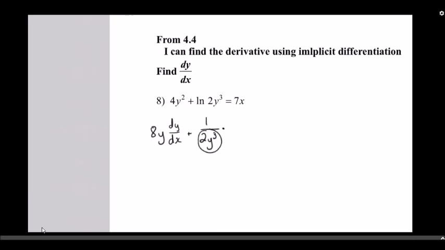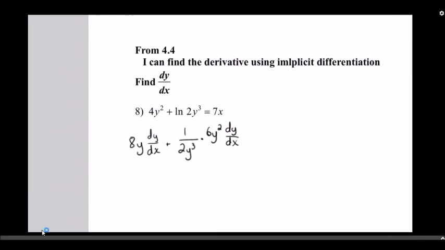So this is u, so we're going to do the derivative of u, which is 6y squared, but because we have a y term and we're taking the derivative with respect to x here, we've got to do a dy dx. Now we move on to this last term here, 7x. The derivative of 7x is just 7.